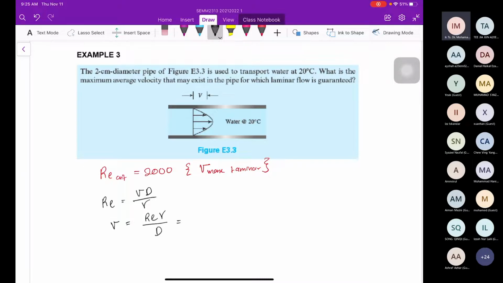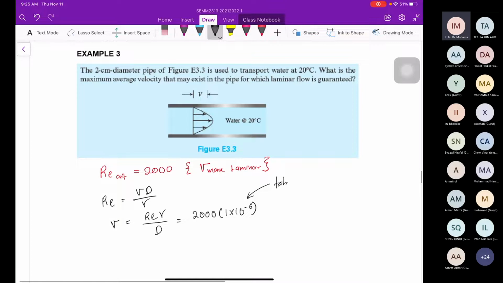So, Reynolds number, just substitute the Reynolds number 2000 multiplied by nu, which is 1 multiplied by 10 to the power of negative 6. This directly refers to the table at temperature 20 degrees Celsius. Alright, you will find nu, kinematic viscosity.